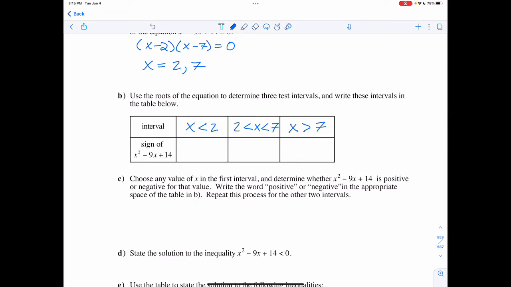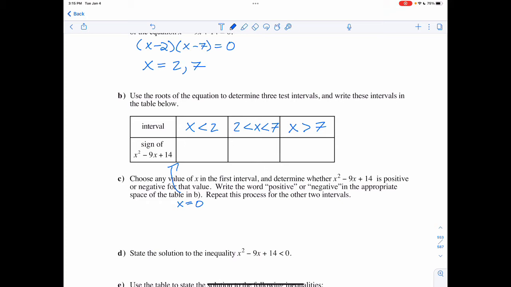Now from here, I can use a test value to figure out whether it would be positive or negative. So I can pick any value I want that is less than 2. I just can't include 2. So I'm going to go with a very simple one. What if x was 0? That's going to be pulled from this first region here.